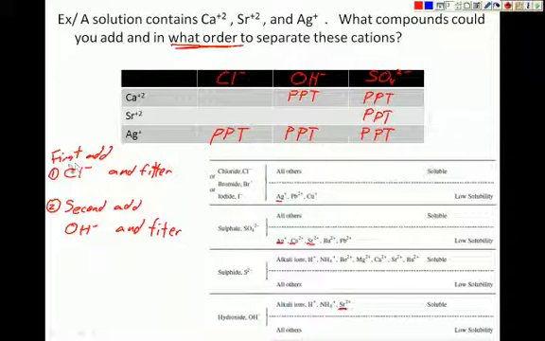So again, first when we add our chloride and we filter, the solid that we get is AgCl. And then second, when we filter after our hydroxide, the solid that we get is calcium hydroxide. And then the third thing we add, finally, is our sulfate, and filter.